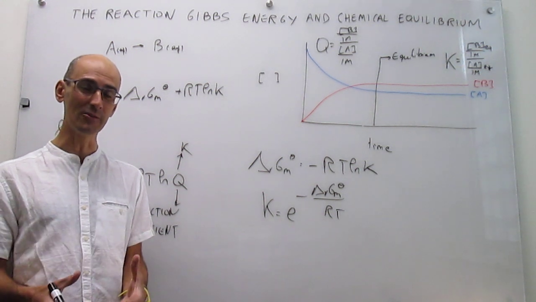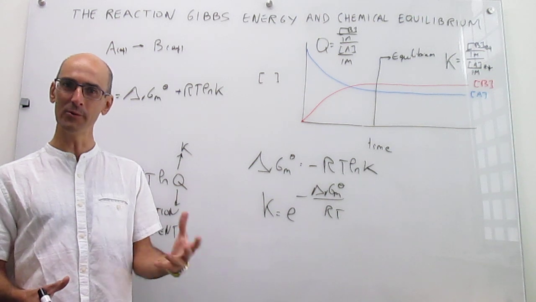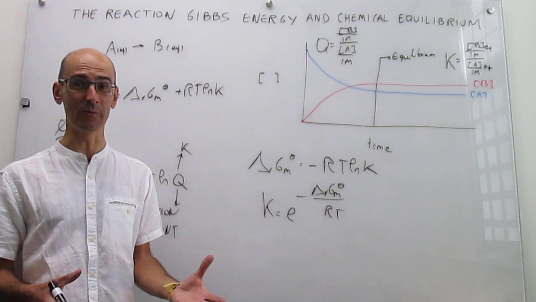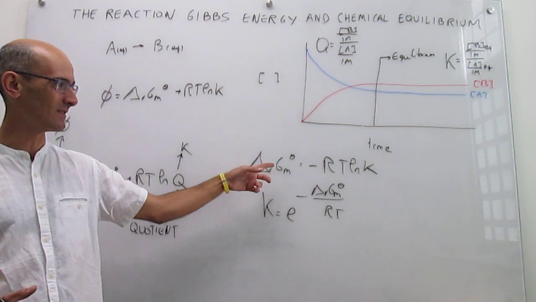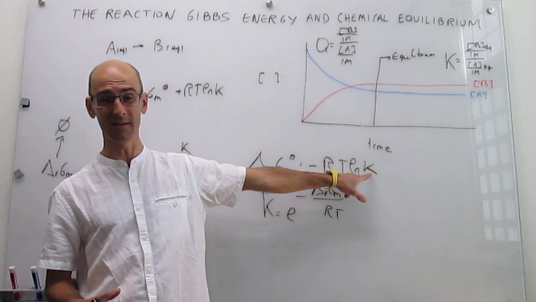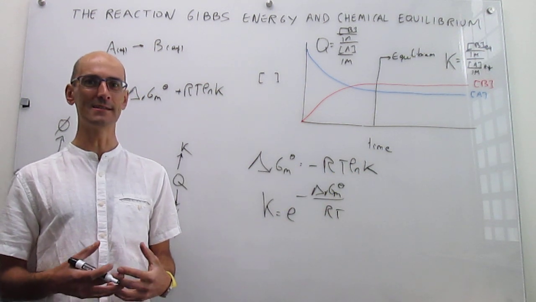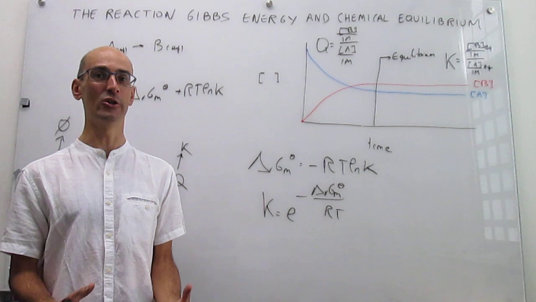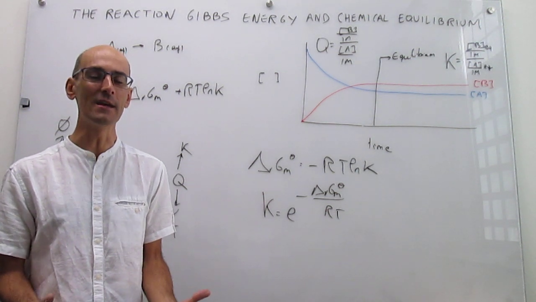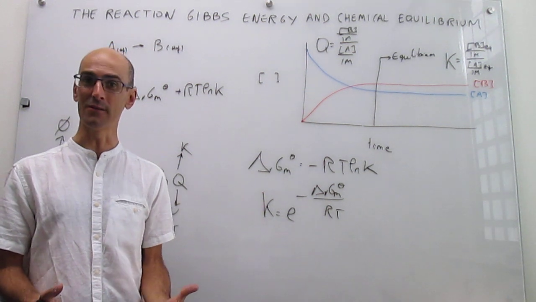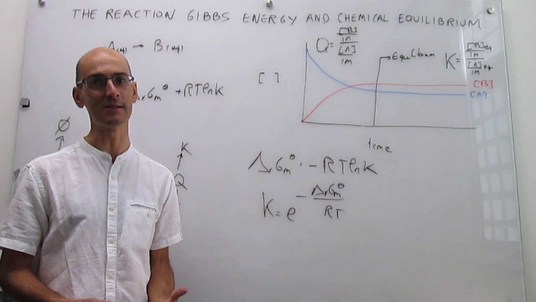So that Gibbs energy controls really the stability, spontaneity, equilibrium of pure substances, but also of chemical reactions. Ultimately, this reaction Gibbs energy at the standard state is actually connected to the equilibrium constant of a chemical reaction, which again is something that allows you to learn things as important as what is the pH of a solution, or what are the concentrations of ions from a solution of a sparingly soluble salt.